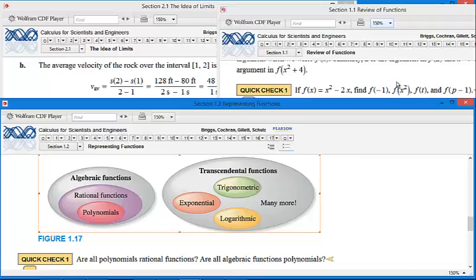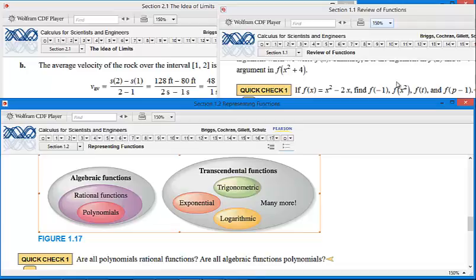So are all polynomials rational functions? Well, that answer is yes. Are all algebraic functions polynomials? No, I just showed you a rational function that's not a polynomial. And they talk a little bit more in the book about exactly what these things are.